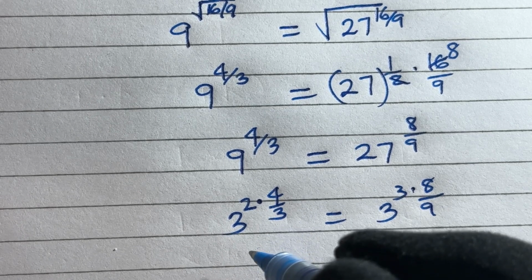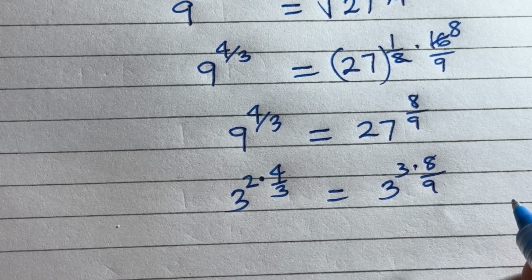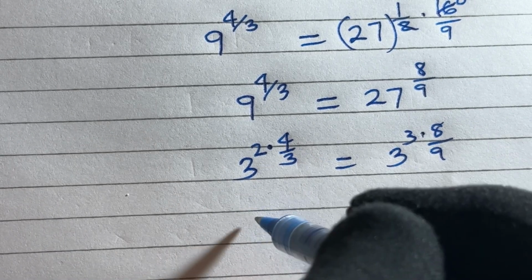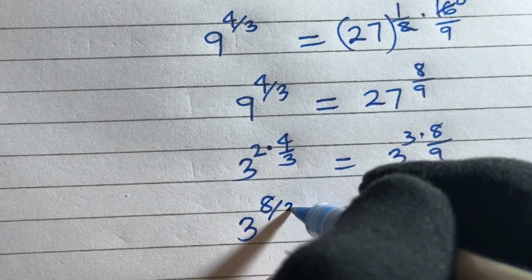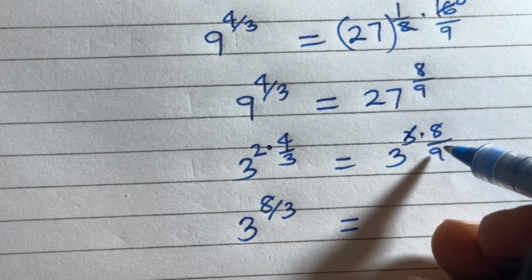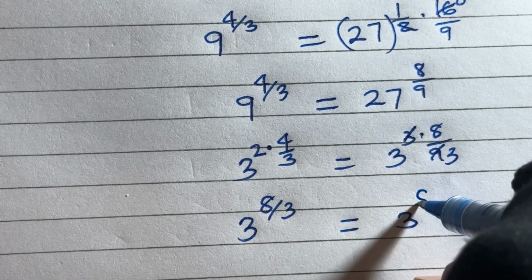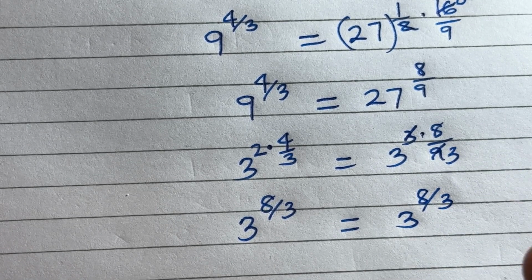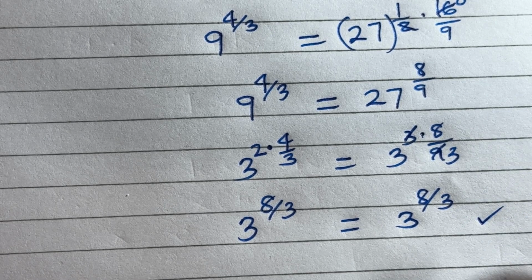So this is for the left hand side. 2 times 4 over 3 is 8 over 3. So on the left hand side we have 3 raised to power 8 over 3 is equal to, for the right hand side, 3 here is 1, 3 here is 3, and then we still have 3 raised to power 8 over 3. So which also confirms that the second solution is accepted.